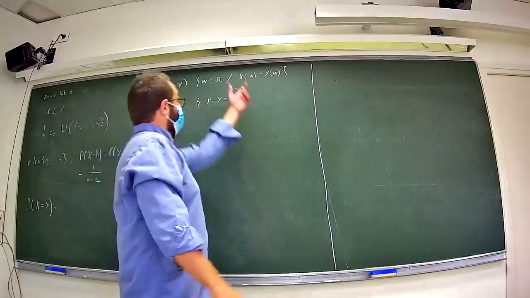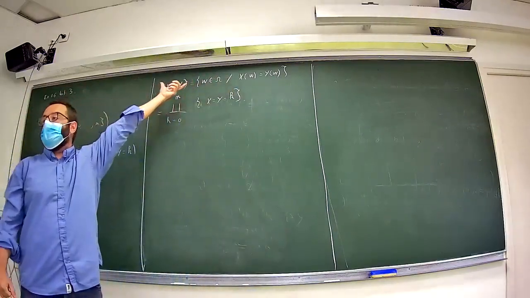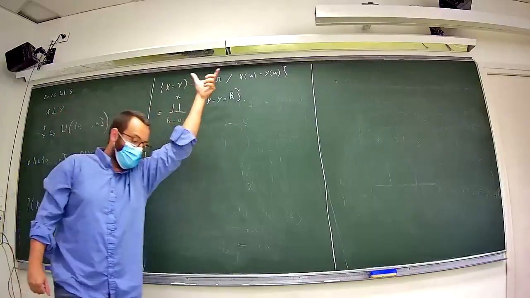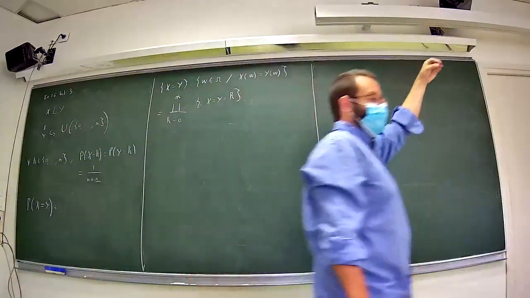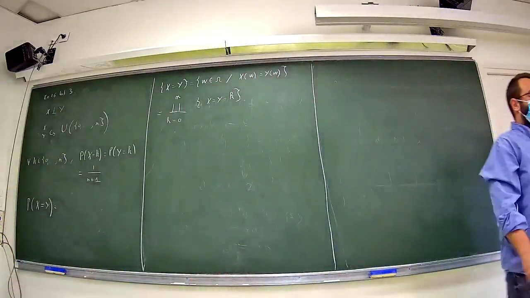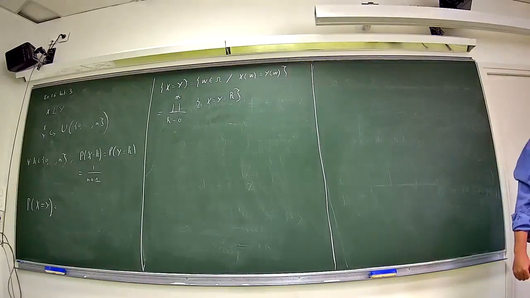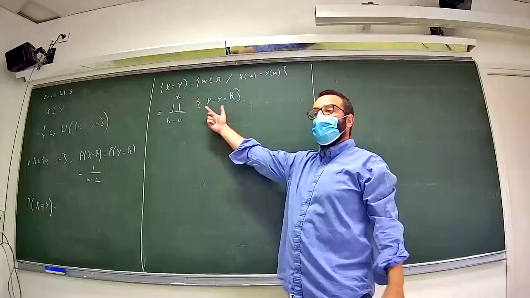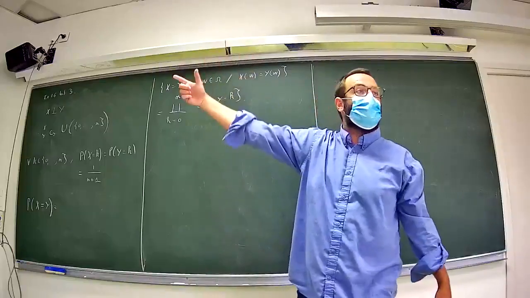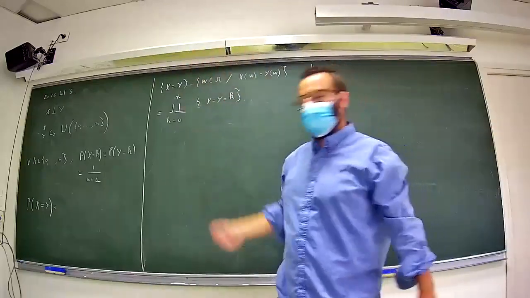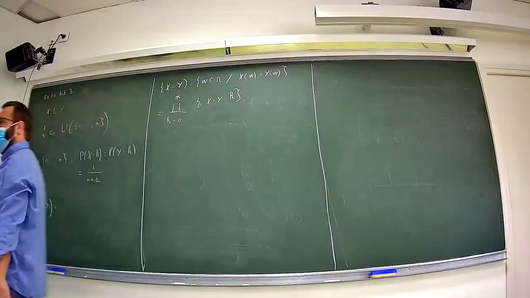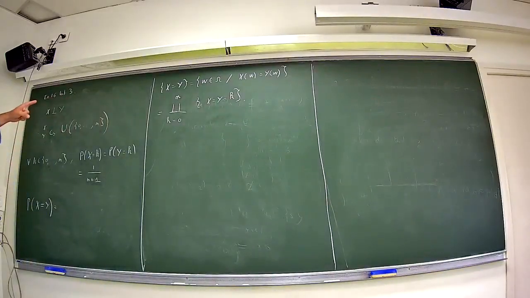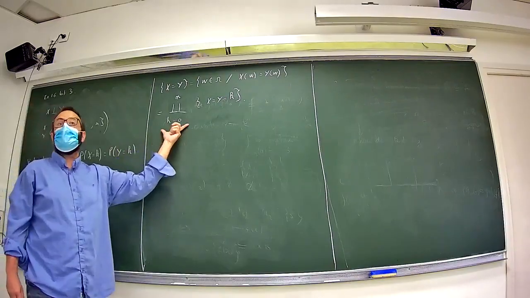For two quantities to be equal, they just have to take the same value, and since they have values between 0 and n, they have to take the same value between 0 and n. So it will be X equal to Y equal to 0, or X equal to Y equal to 1, or X equal to Y equal to 2, and so on. Do you agree with this one? And I have here a disjoint union.